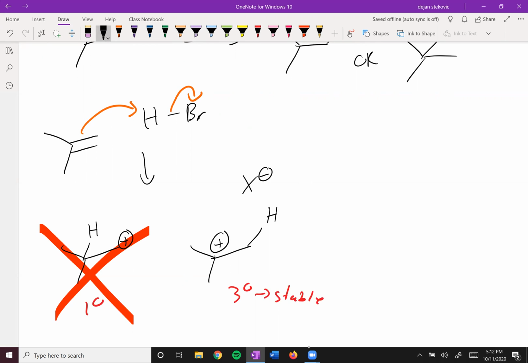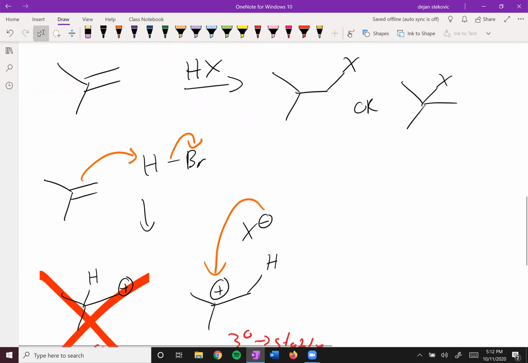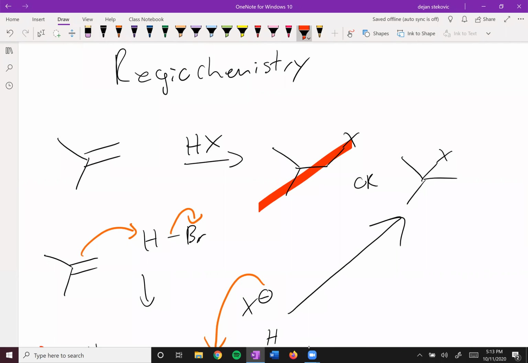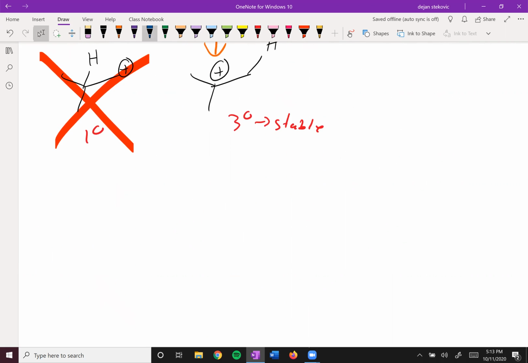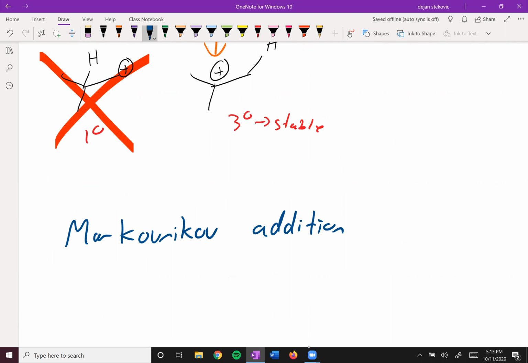And so then if we think about our X minus coming in, it'll go to this more substituted position. And so our product will be the one on the right and not the one on the left. And so this is what's known as a Markovnikov addition, named after the guy who discovered it.